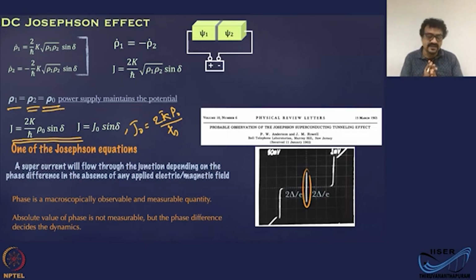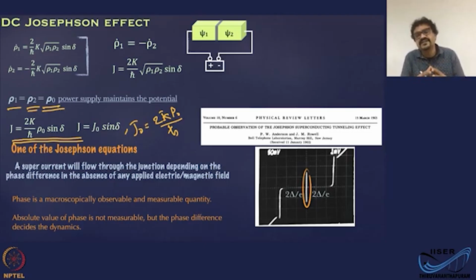That current does not depend on the voltage because there is no voltage applied. If you just take 2 superconductors and put them together, what this equation is saying is that you will get a current, and that current is a function of the phase difference between the 2 sides, that is, of the wave function.